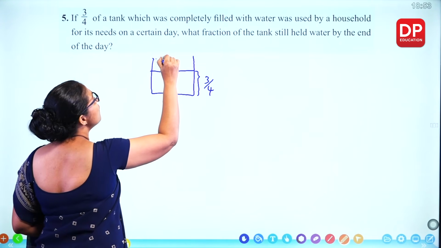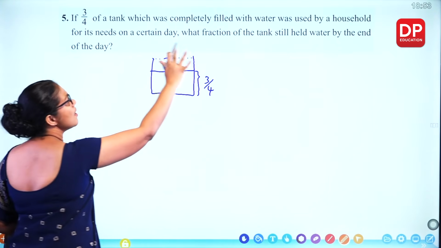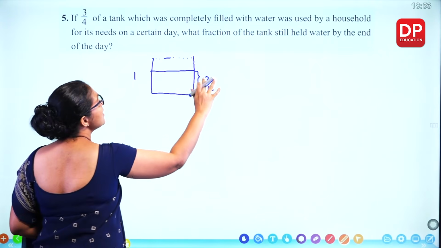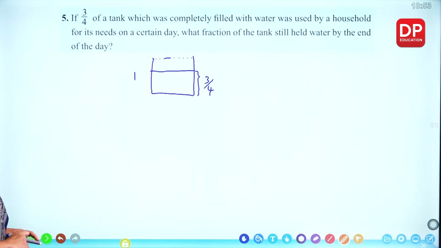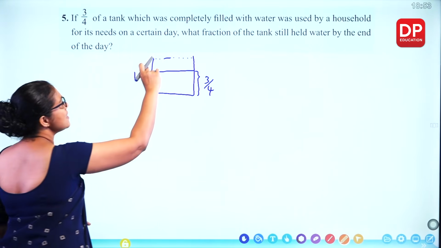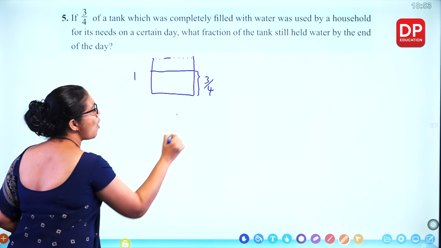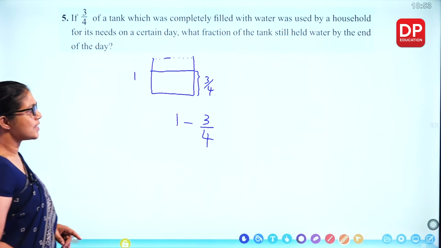So if you take the full tank, this whole part is 1. So the water level is 3/4. So how can you write down the fraction of the tank still held water by the end of the day? So that means out of 1, you are subtracting 3/4.